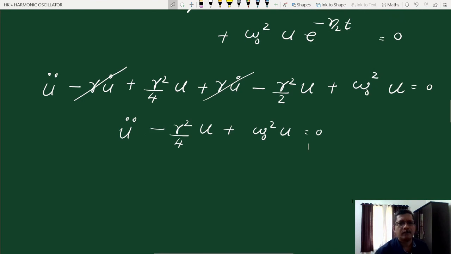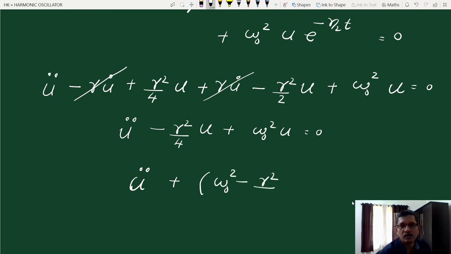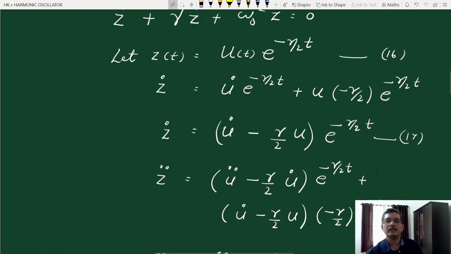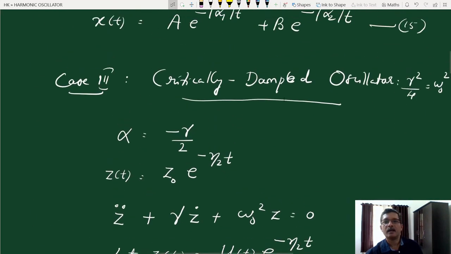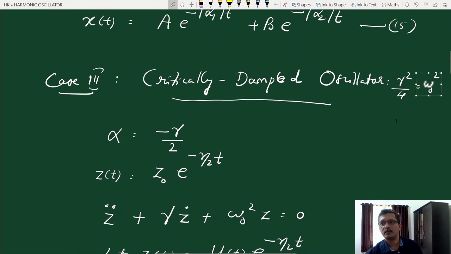Now this is equal to u double dot. u is common for these two terms, so we have omega 0 square minus gamma square by 4 times u equal to 0. But we are in the third case, the critically damped case, where the condition is gamma square by 4 is equal to omega 0 square.